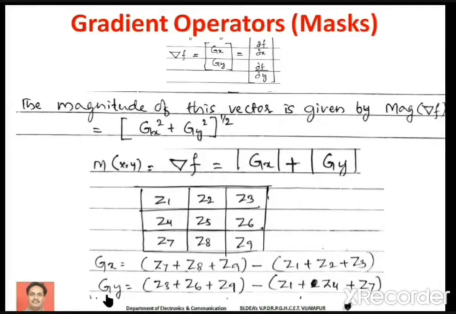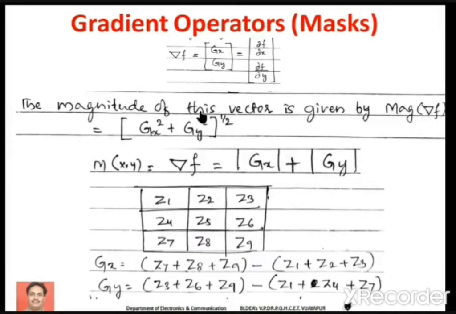So I can write gy as z3 plus z6 plus z9 in brackets, minus z1, z4, z7 in brackets. This is how we calculate gx and gy. Then we calculate the magnitude as the absolute value of gx plus gy.